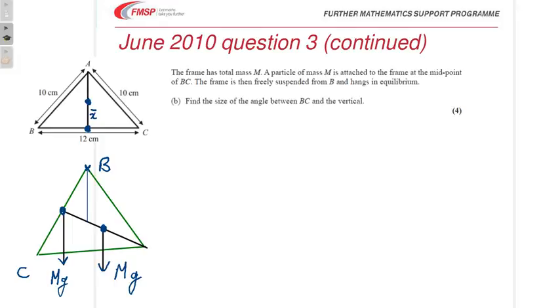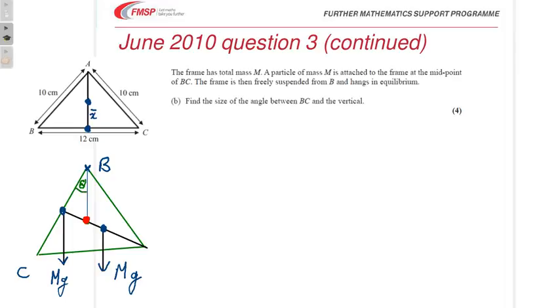Well, the centre of mass of these two particles of mass capital M is halfway between them, so it'll be there, say. Let's do that in red. And that will have to be vertically below the point of suspension. So that red mass is the centre of mass of the whole thing now, which is halfway between the two capital M's. So to find the angle, it's this angle here that we want.